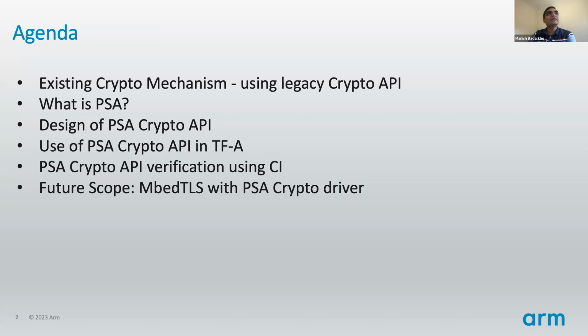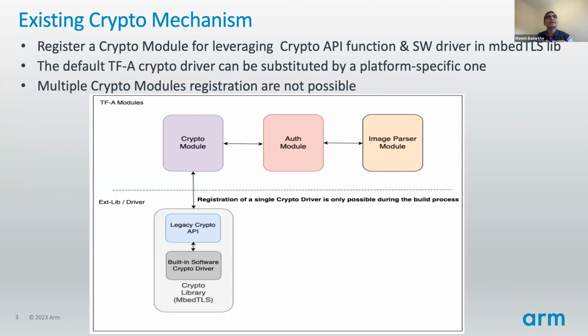Then we will go through the basics of what PSA is, then the design of the PSA Crypto API briefly, and then the use of that PSA Crypto API in TF-A for various purposes. Then I will cover the various verifications I have achieved using CI with this mechanism, and then we'll see the future scope of using mbed TLS with the PSA crypto driver. With that, let me start with the existing crypto mechanism.